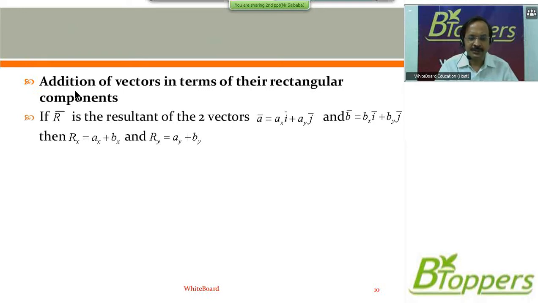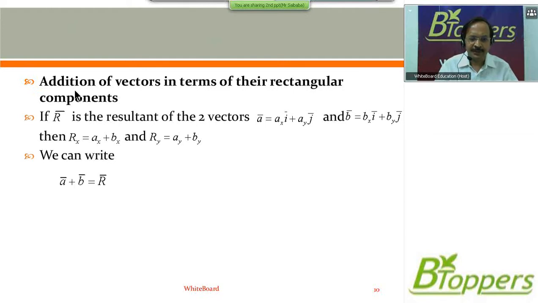That means the x component of the resultant vector is simply the sum of the x components of the two vectors A bar and B bar. The y component of the resultant vector is equal to the sum of the y components of the two vectors A bar and B bar.